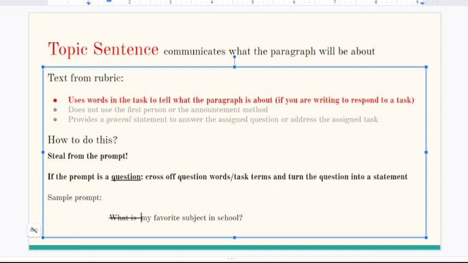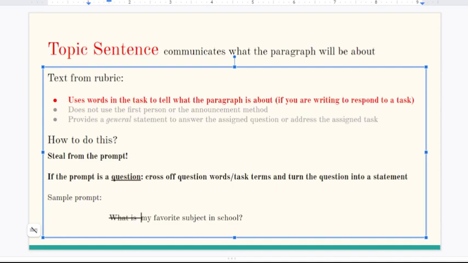Doing this can be really helpful because it forces you to be specific in your topic sentence. Some people would answer this question and they would just say, it's humanities, or the answer is humanities, or my favorite is humanities.